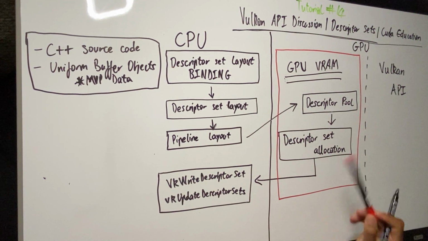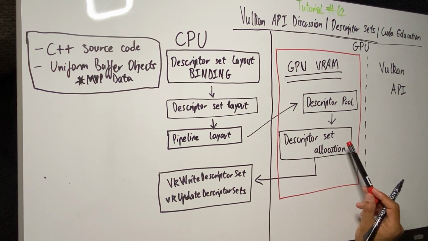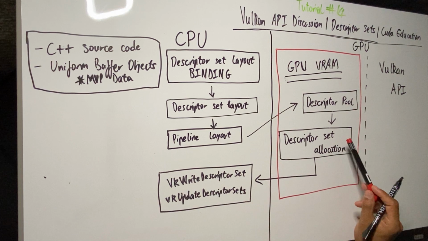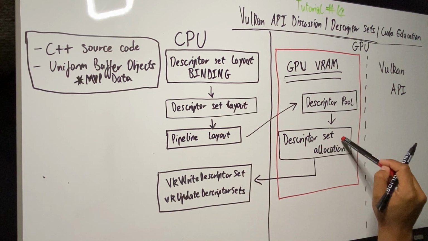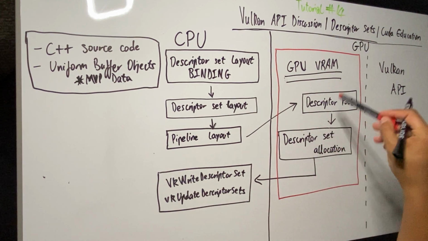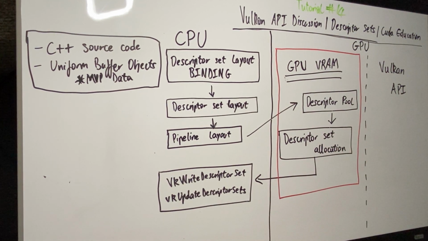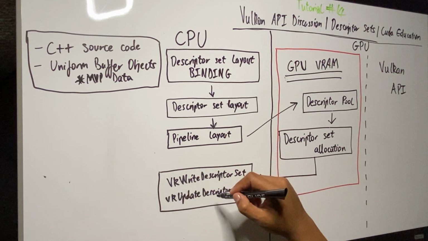Then we do our descriptor set allocation, which is a little bit more granular, because now we're trying to define how many descriptor sets we have. Once we're done managing resources and telling the GPU or the device how many descriptor sets we're going to have, we eventually get to VK write descriptor set and VK update descriptor sets.